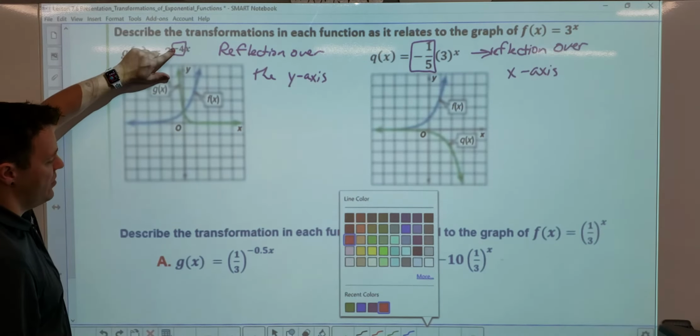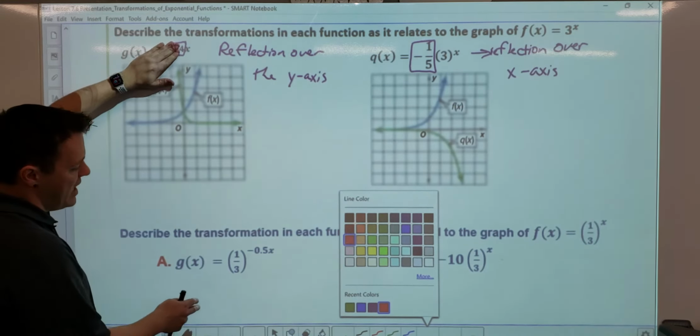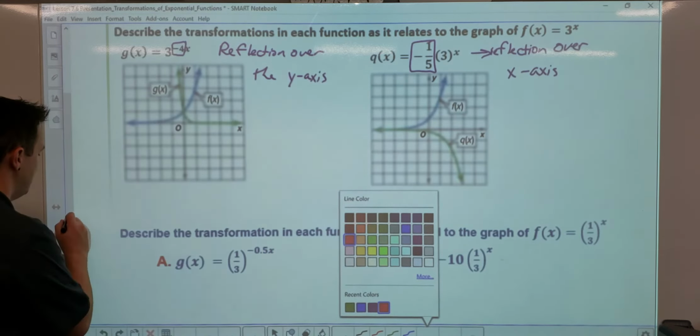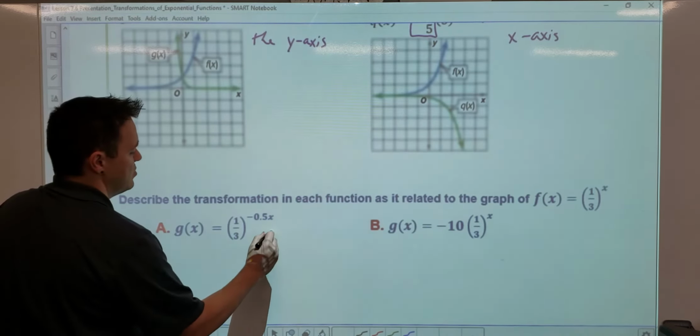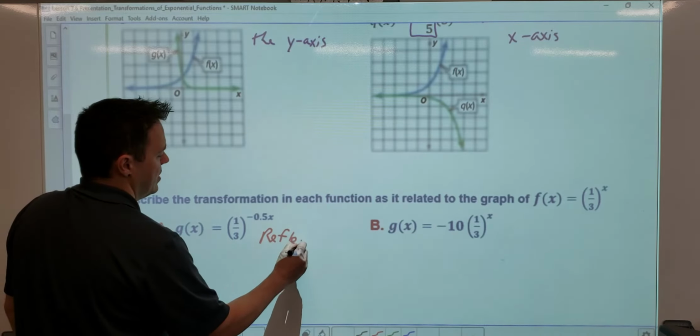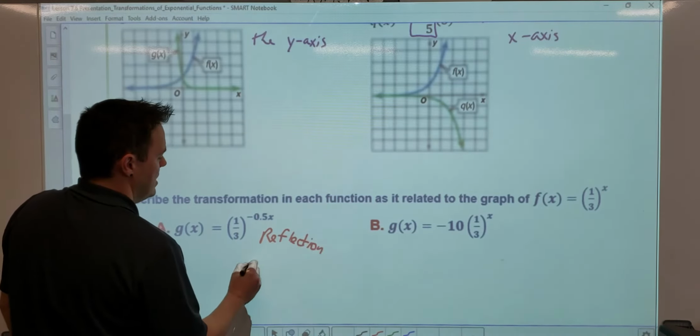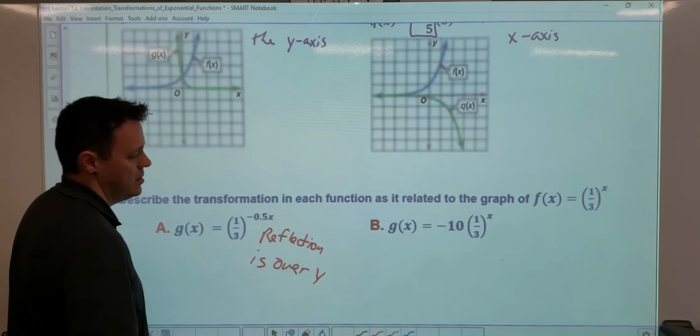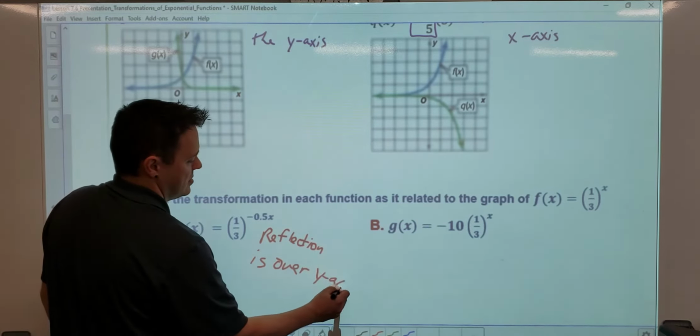If there is a negative in front of the x, guess what? The reflection is going to be exactly the same. So that means the reflection of this graph is over the y-axis.